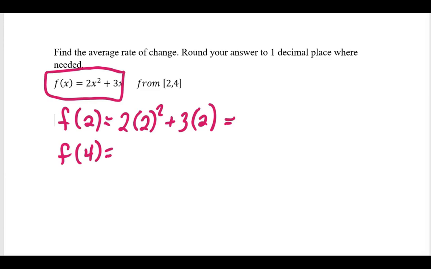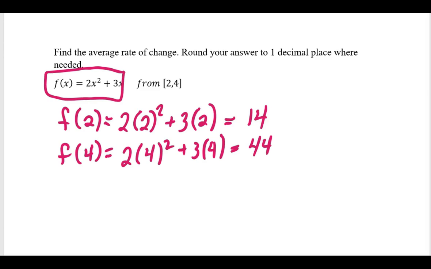And I'll get 8 plus 6 is 14. Okay? Now we're going to do f at 4. So wherever there's an x, we're going to replace it with 4. And I'll get 32 plus 12, so I get 44.